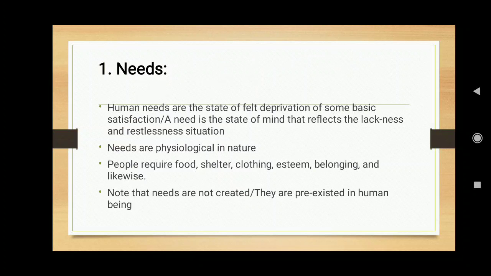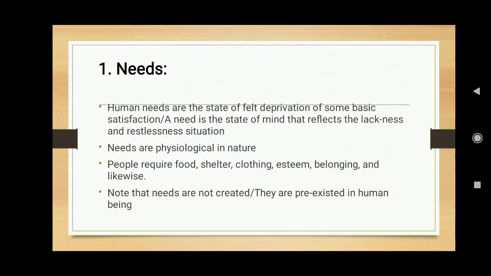So the first core concept of marketing is needs, right? What we need, first of all, is the self-felt deprivation of human beings. So needs are physiological, in the sense we need these products physically, and that product directly impacts us psychologically also.